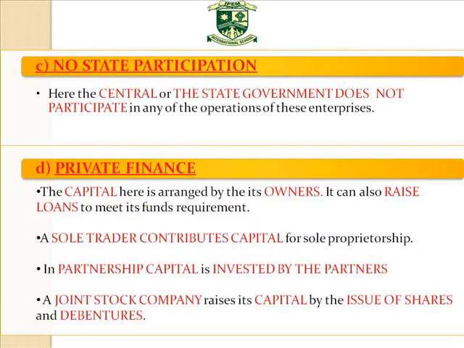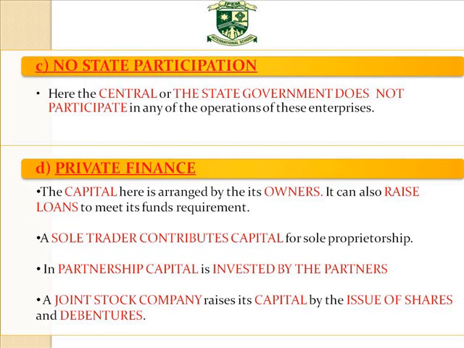The third feature of private sector enterprises is no state participation. We have already covered this point in the meaning of private sector enterprises. No state participation means that there will be no interference or involvement of the central or state government in running the operations and managing the working of private sector enterprises.